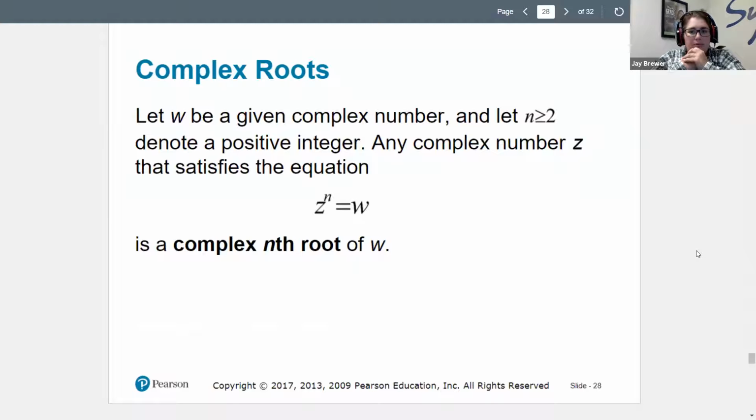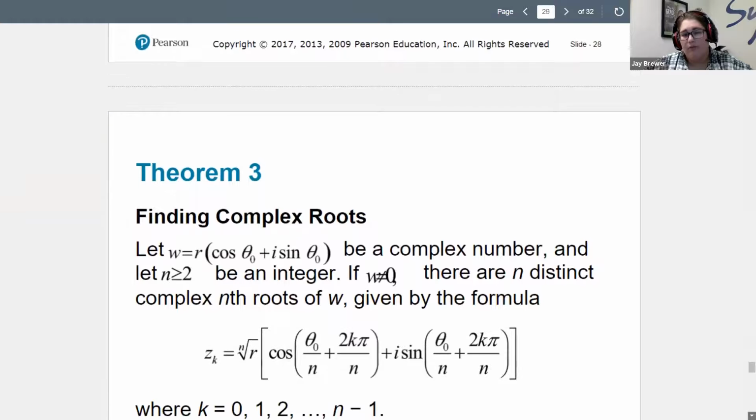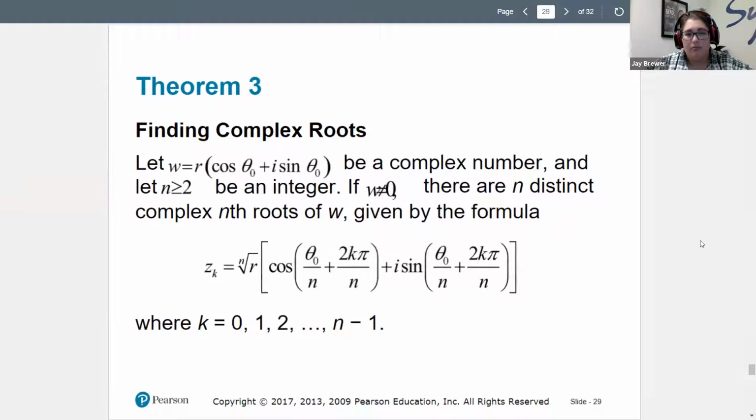Any complex number z that satisfies the equation z to the n equals w is a complex nth root of w. Other than the fact that these can be related back to polar equations, I'm not really sure why we're covering them in this section. I guess they just didn't know where else to put it.